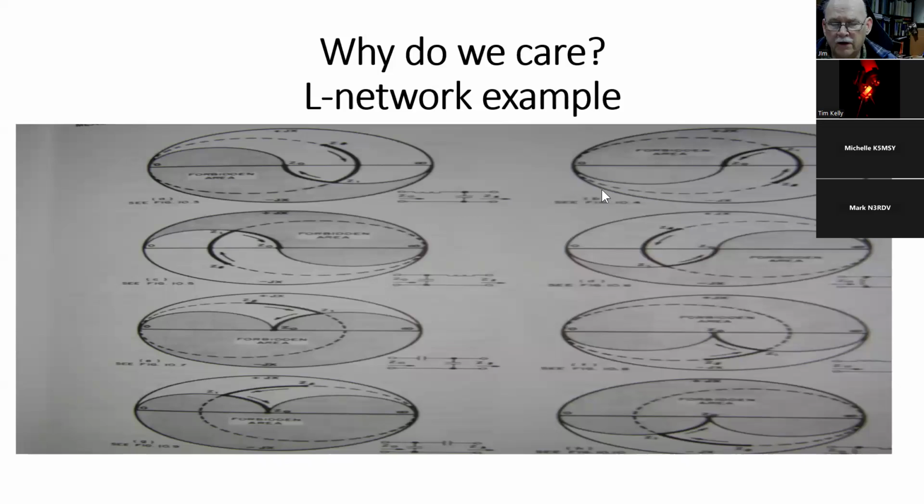So here's an example of an L network. There are 8 possibilities of an L network. You see series inductance and shunt capacitance and so forth. And in this region, that network will get you to your reference impedance. Down here, that's the forbidden region. Forget it. The arithmetic doesn't work.